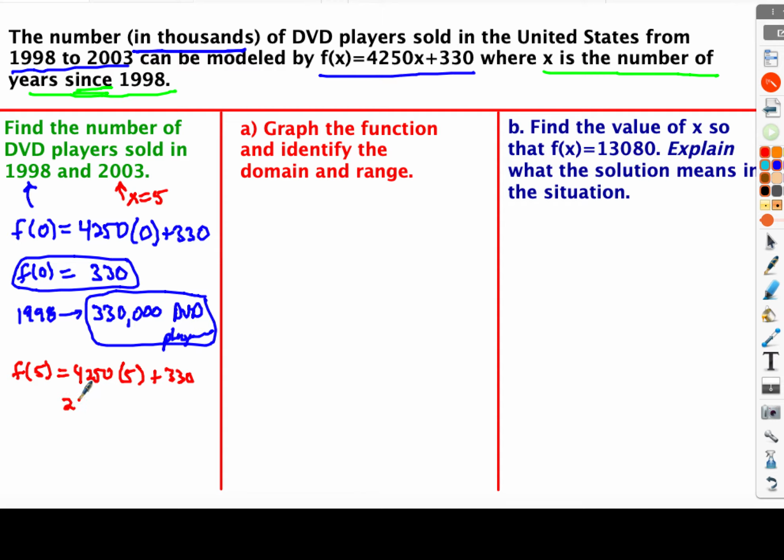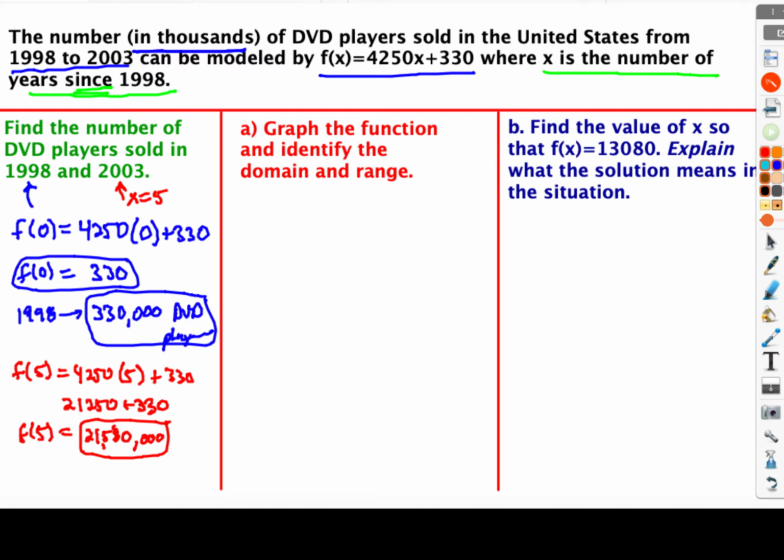Well, that would be 21,250 plus 330, or basically f of 5, in 2003, there would be 21,580, add 330 on there, in thousands, DVD players, so about 21 million, 21,530,000. Again, DVD players sold. Okay, so don't forget to write that with the label on there.